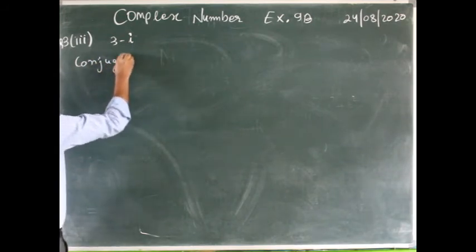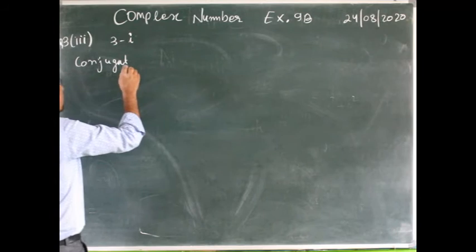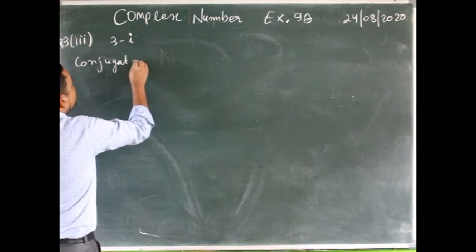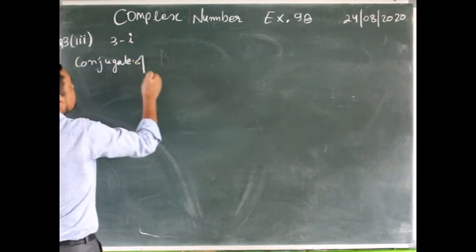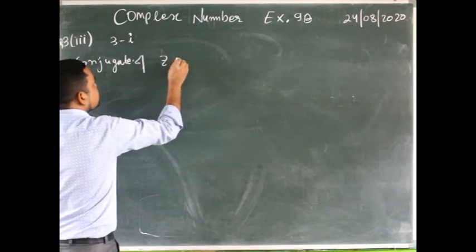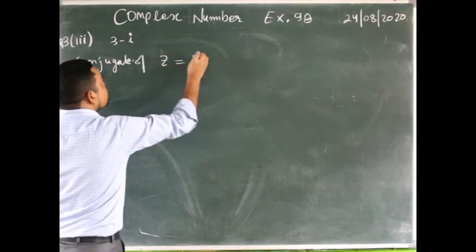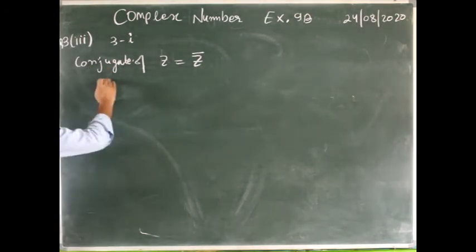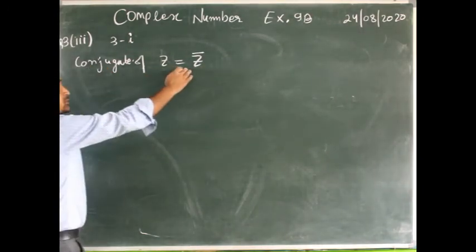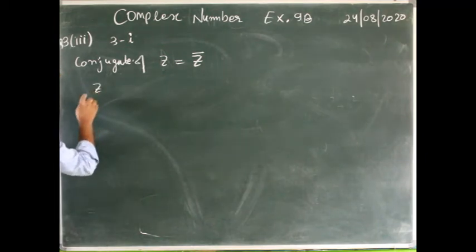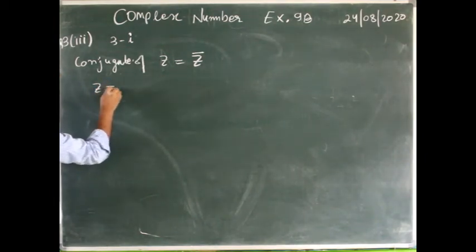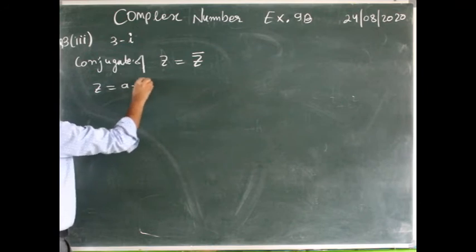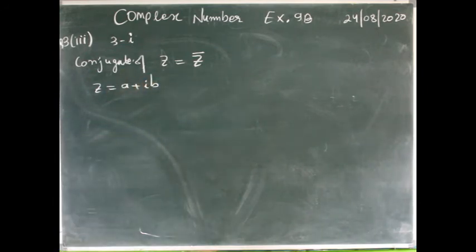Conjugate of z is z bar. This is the conjugate. Suppose z equals a plus ib. Then how do you get the conjugate?